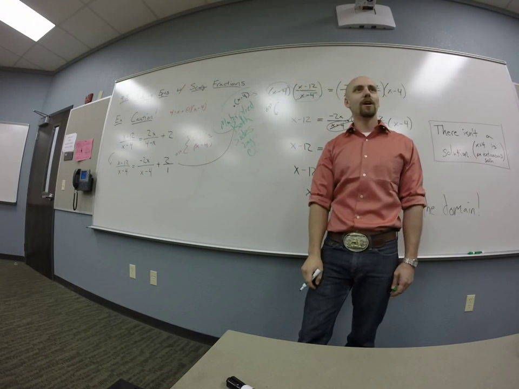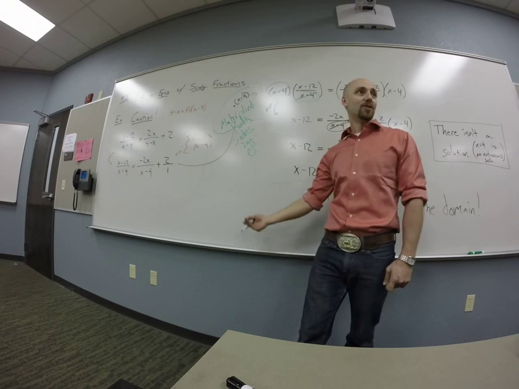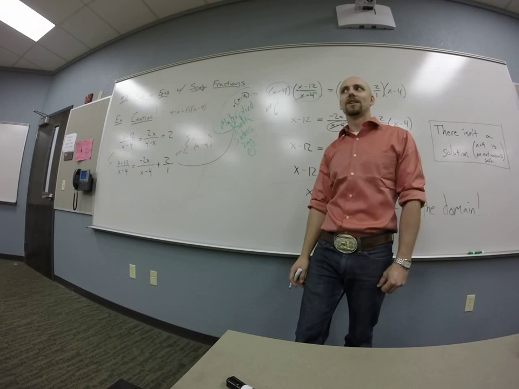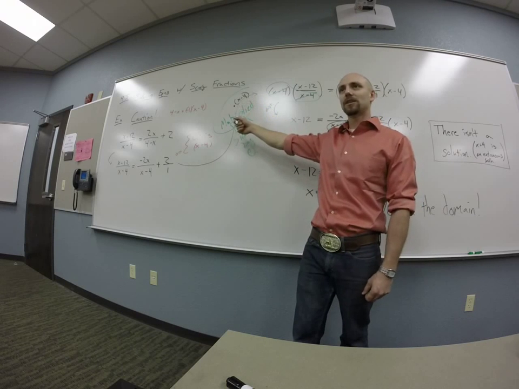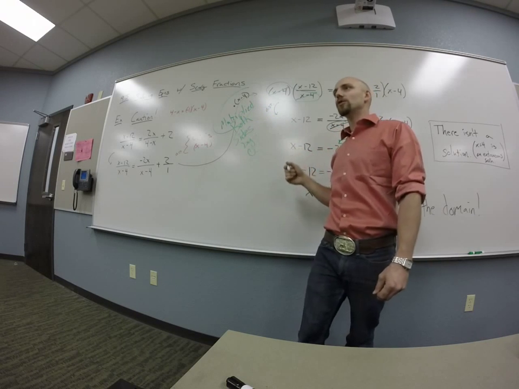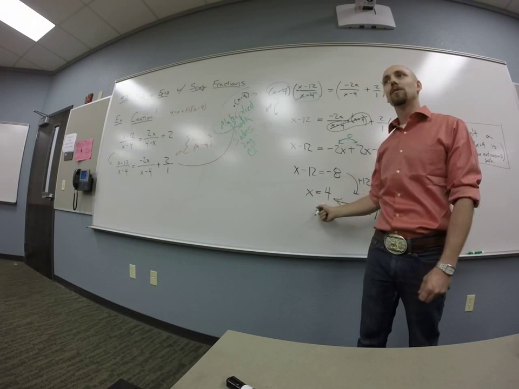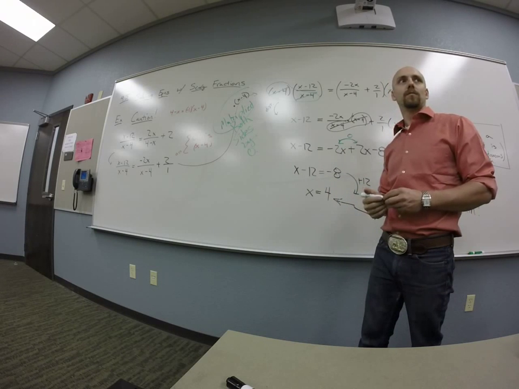Is it any wonder that we got a solution out of that? Well, 0 is still 0, right? You guys see that? So we sort of did this to ourselves when we multiplied by this. We kind of introduced that solution because we multiplied both sides by something that when we found our solution was 0.